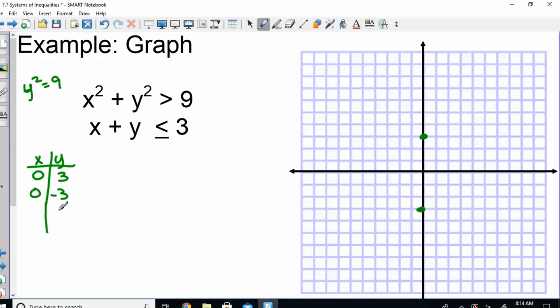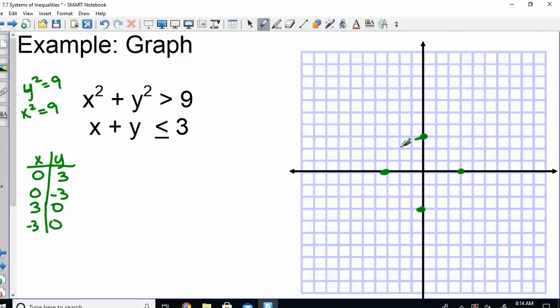If my y were a 0, then I would get x squared equals 9. So then my x could be, can you tell what this is? Yeah, it's a circle. We could do more points, but this is all we need.